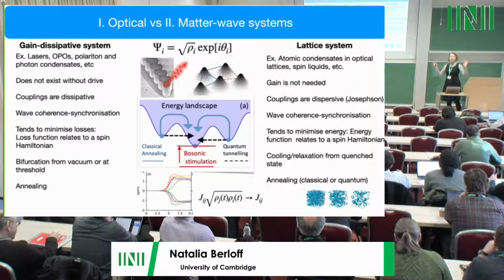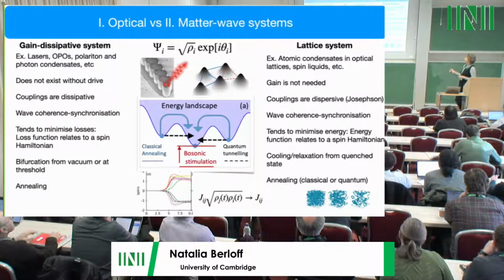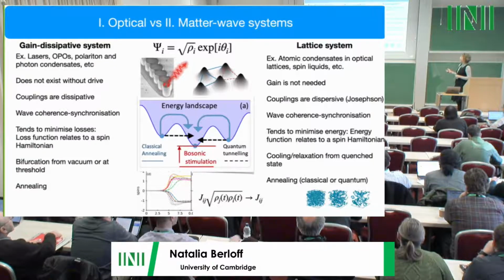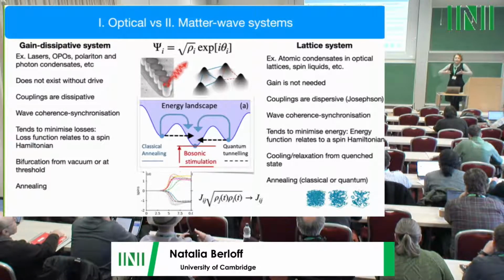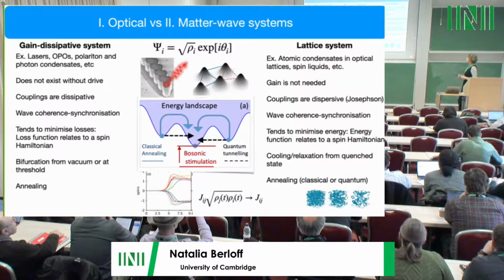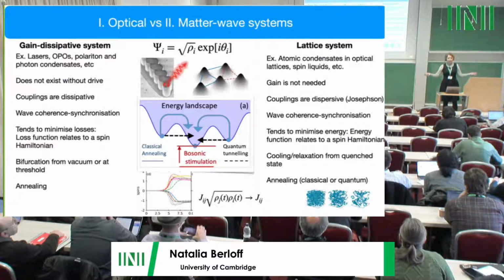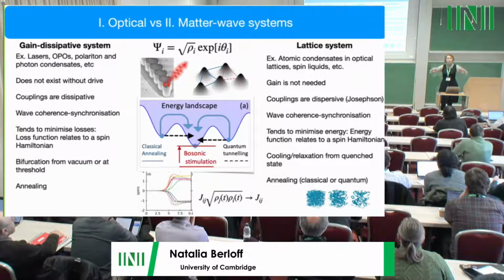If you turn the laser off, there is no coherence at all. However, in a lattice system that consists of matter waves, such as atomic condensates in optical lattices, spin liquids, etc., if there is no gain, the system is still there because it consists of matter particles. In the optical system, the couplings usually are dissipative because the system itself operates by minimizing the gain.